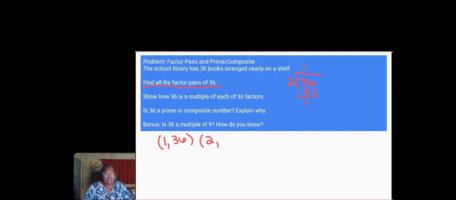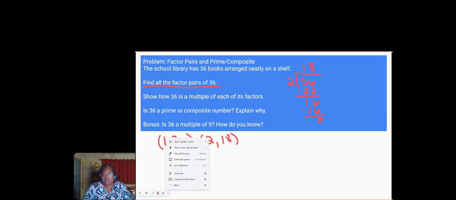We're going to bring down this 6. And 2 goes into 16 8 times. That's 16. So that also shows us that 2 and 18 are factor pairs of 36.